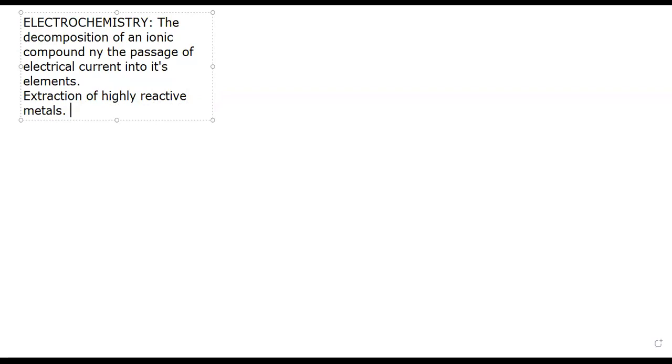We could do that for iron and for copper, but not for aluminium, so we had to go for electrolysis. Highly reactive metals have to be extracted using electrolysis. Other metals we can simply heat with carbon and extract using carbon.